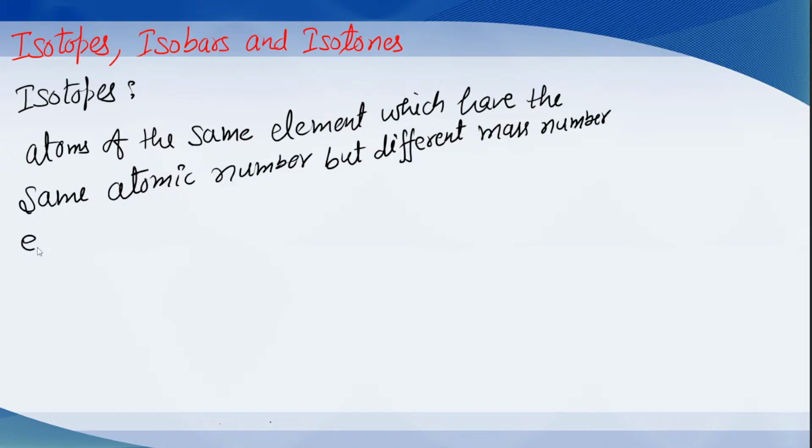For example, isotopes of hydrogen: 1H1, 1H2, 1H3.